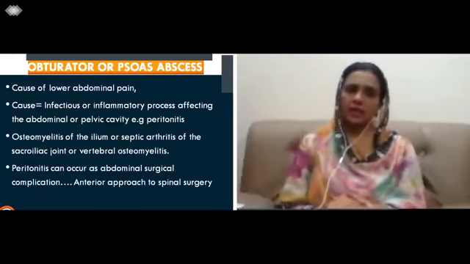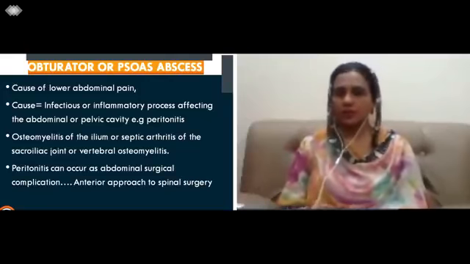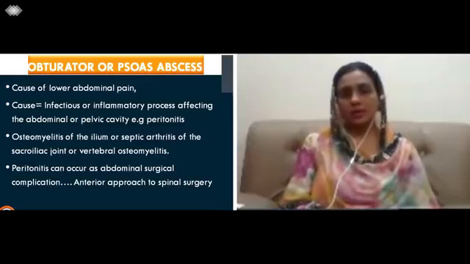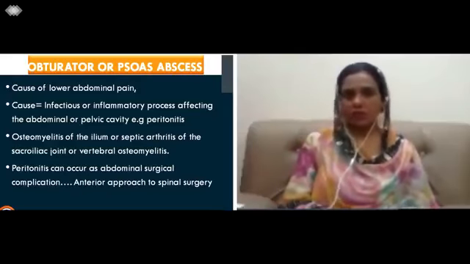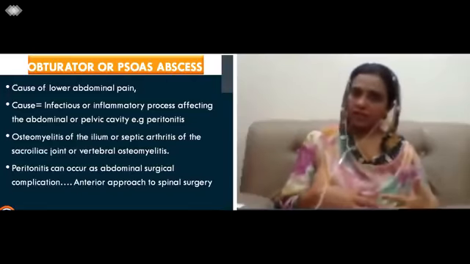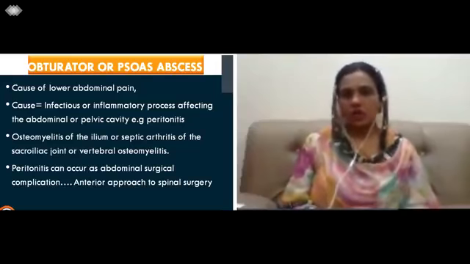So in the last part of this lecture, we are going to discuss the obturator or psoas abscess. These are actually sometimes a cause of lower abdominal pain, where there is abscess formation in either your psoas muscle or obturator muscles. So any infectious inflammatory process in your abdomen or your peritoneal cavity, like peritonitis, can lead to the formation of obturator or psoas abscess.